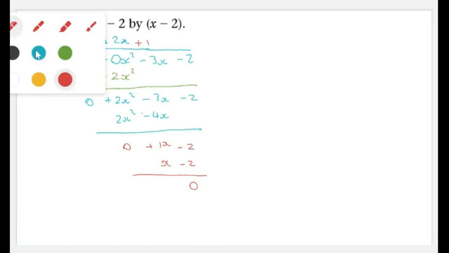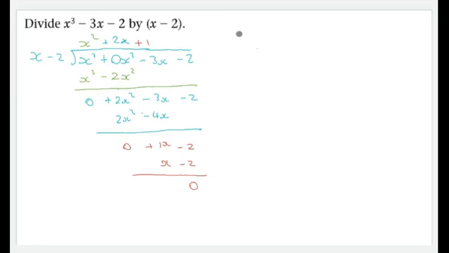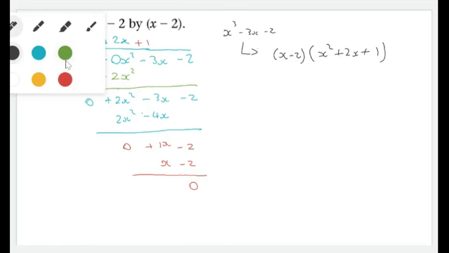But if we notice, that means x cubed minus 3x minus 2 factorizes to x minus 2 multiplied by x squared plus 2x plus 1. I'm just going to allow you to stare at this answer for long enough, and you might notice something.